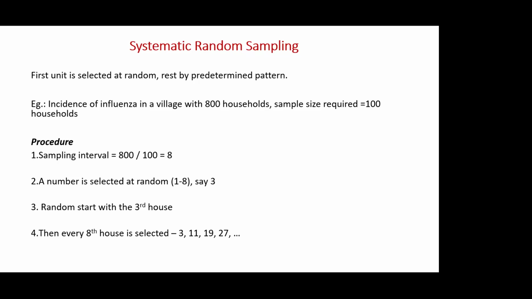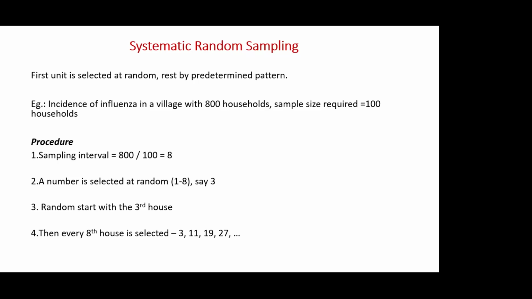The total households divided by the sample size gives me the sampling interval. The sampling interval here is 8. The first person will be selected randomly, so between households 1 to 8, I would select one randomly. Let's say I got 3.